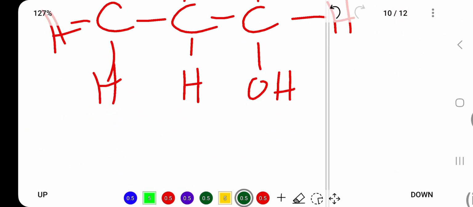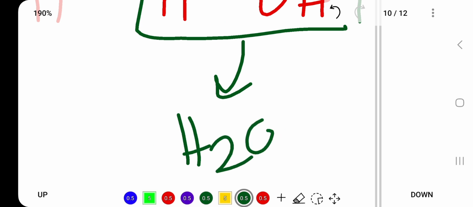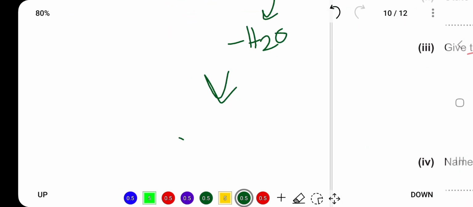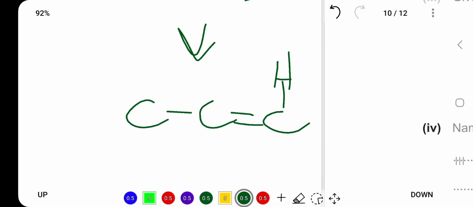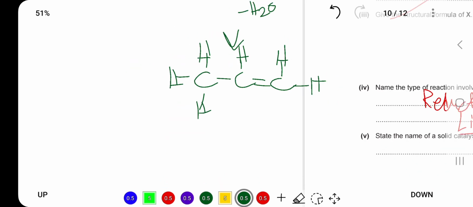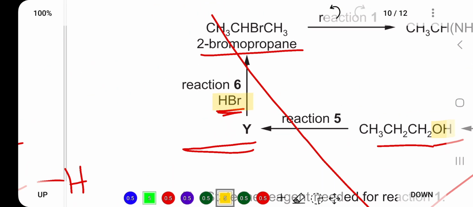So I'll think, what if I remove an H and OH as H2O? After you remove the H2O, the product that you will have is an alkene, right? And then after you have an alkene, you will be able to add HBr.